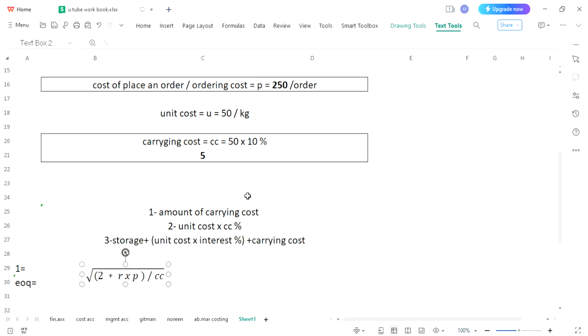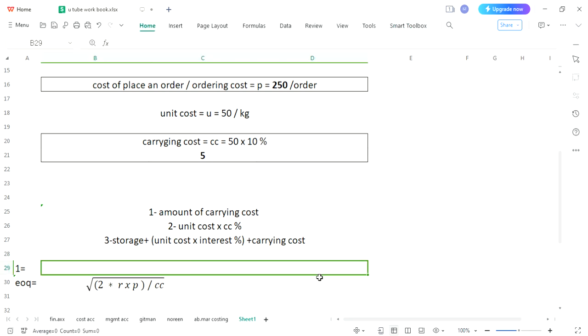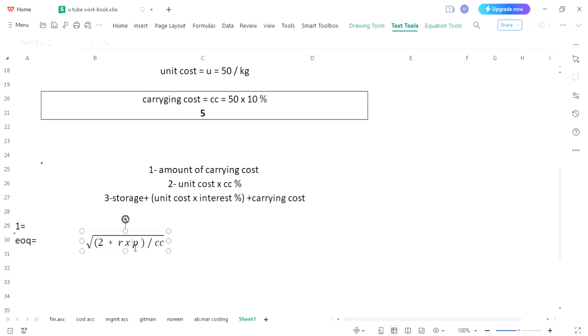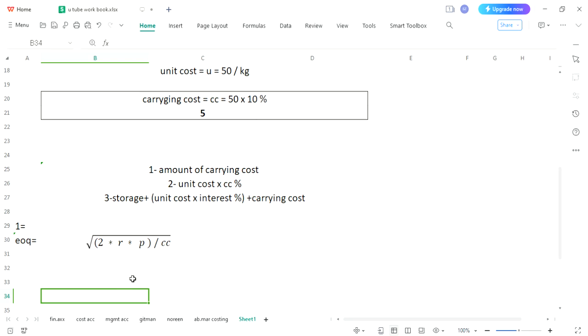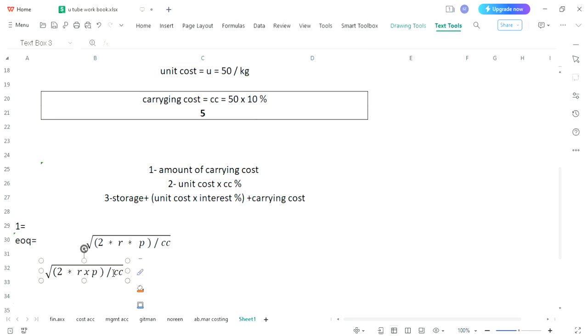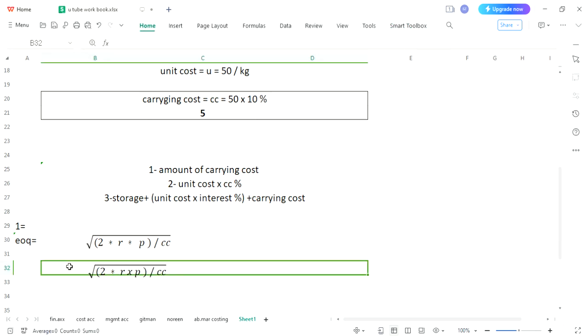So here you have your formula, and now it's time to put the amounts over here. You need to write down over here multiply. So this asterisk sign is used to write multiply in Excel. Okay, so here we will be putting the amounts which are already mentioned in our question.